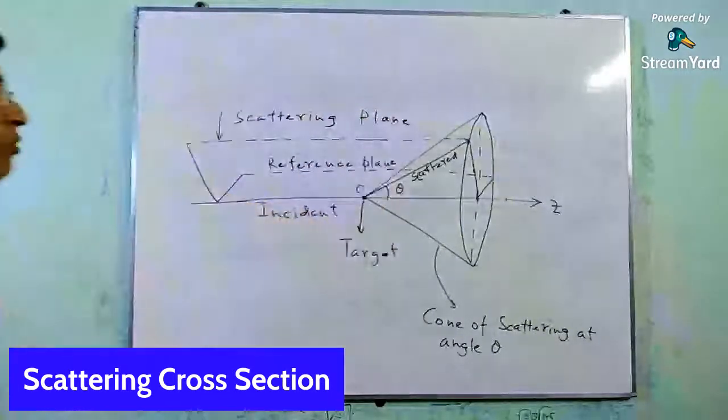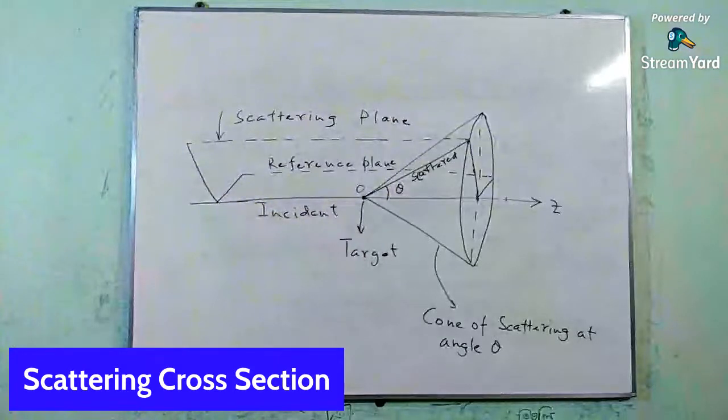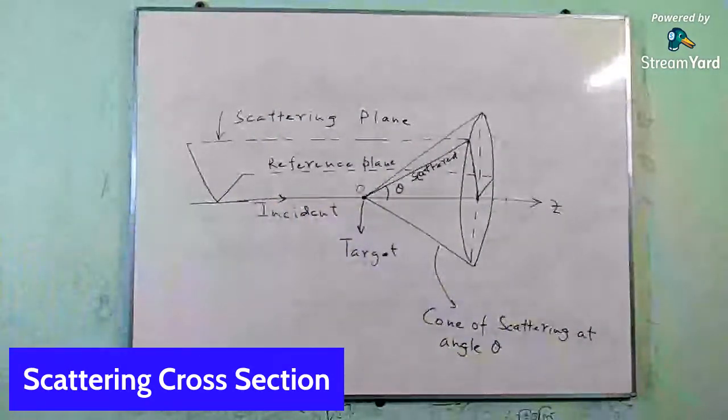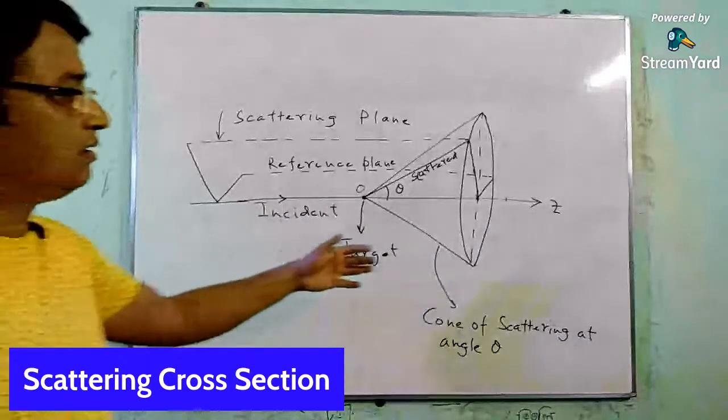So here one is the scattering plane, the other one is the reference plane. This is the incident ray, O is the target, and the incident ray is in the direction of the z-axis.